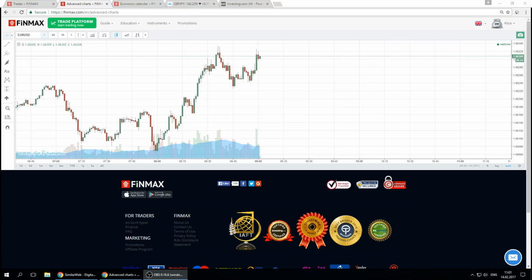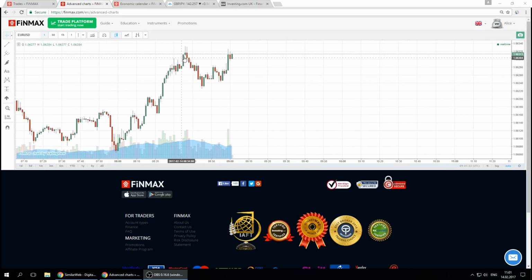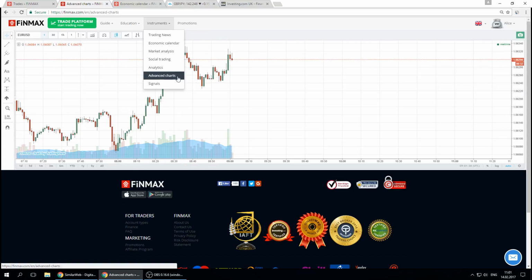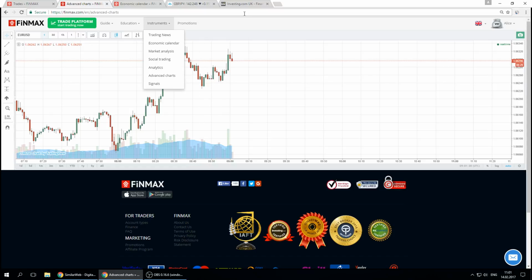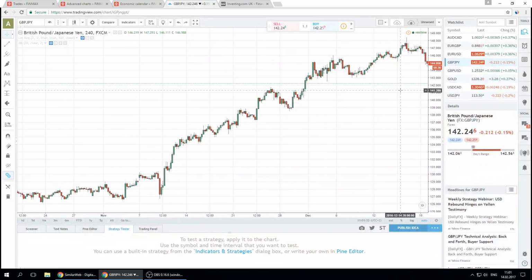In order to use the level-based strategy, we need a chart. As you see, I'm using a candlestick chart. You can use it on our platform in Instruments, Advanced Charts right here, or you can switch to TradingView directly, where you can also save the indicators that you like and are using most.